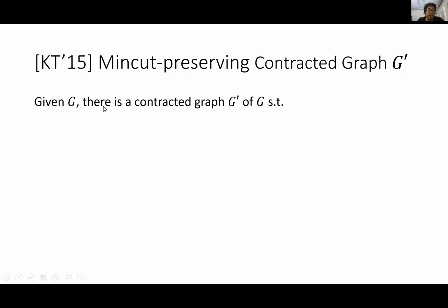they said that there must always exist a contracted graph G prime of G, such that first, the number of edges in G prime is reduced by a factor of delta, where delta is the min degree of G. So the number of edges is reduced by quite a lot.